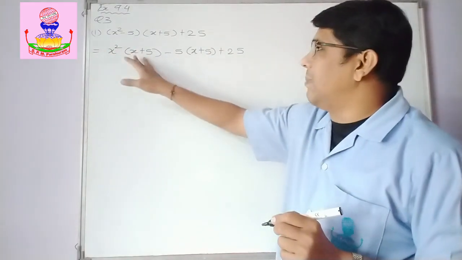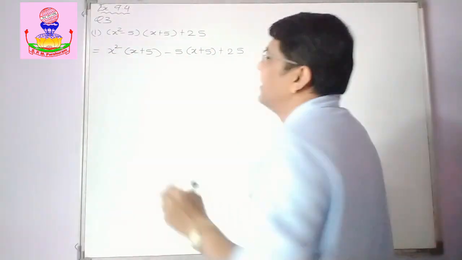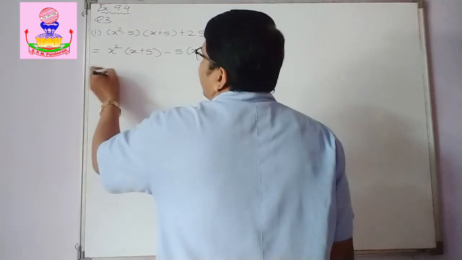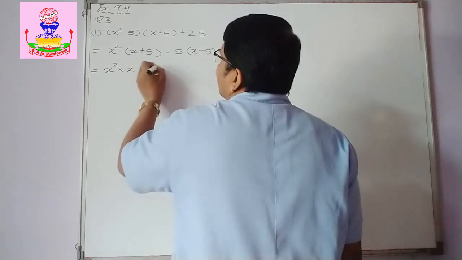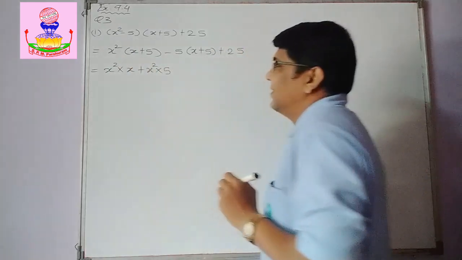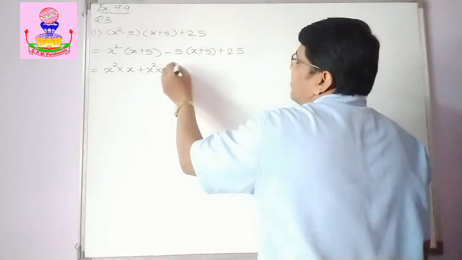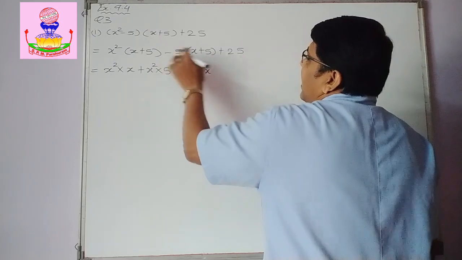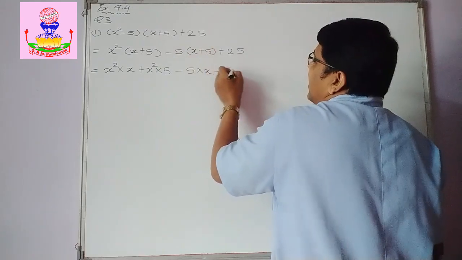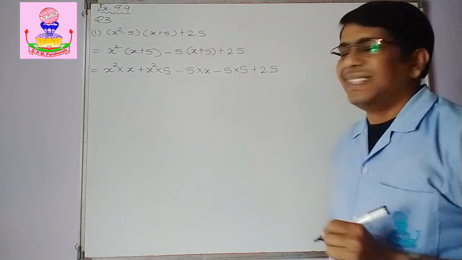Now, this is monomial by binomial, monomial by binomial. We know that, okay? Now, so that is x square into x, plus into plus, plus x square into 5. Okay. Now naughty fellow. So minus 5 into plus, minus into plus, minus, so 5 into x. Minus into plus, minus, so 5 into 5, plus 25.